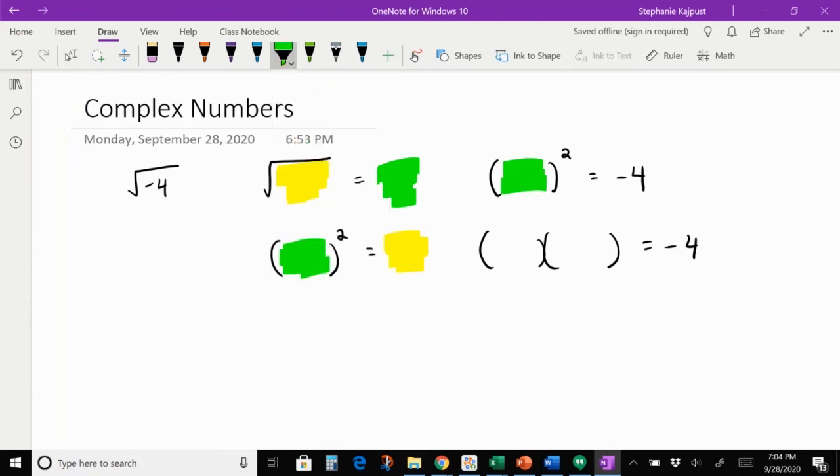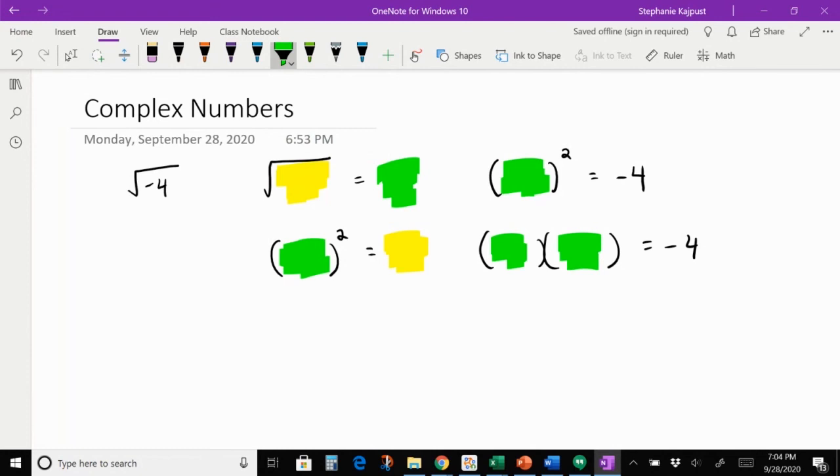So 2 times 2 gives you positive 4, and negative 2 times negative 2 also gives you positive 4. There's no way to get a negative, because that would mean they'd have to be opposite in sign, and that's not what it means to be squared. Because to be squared, they have to be the same thing.